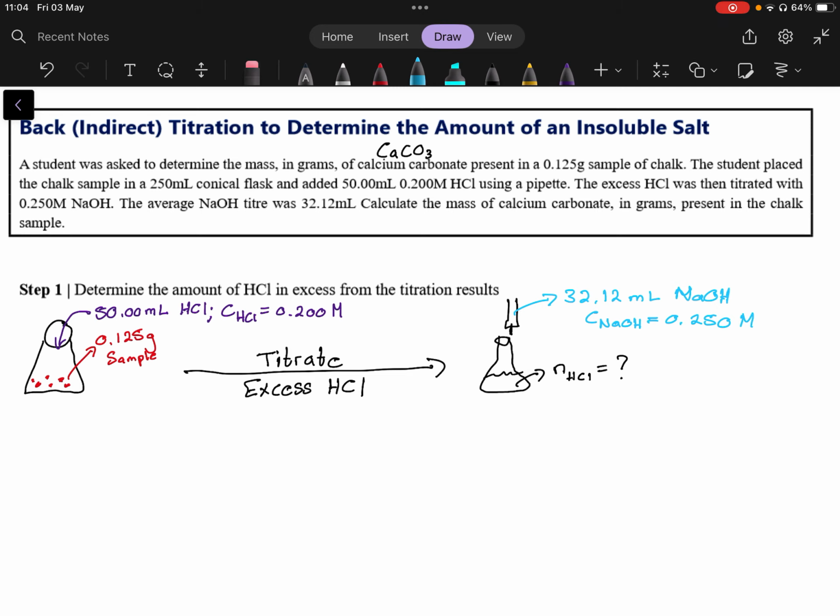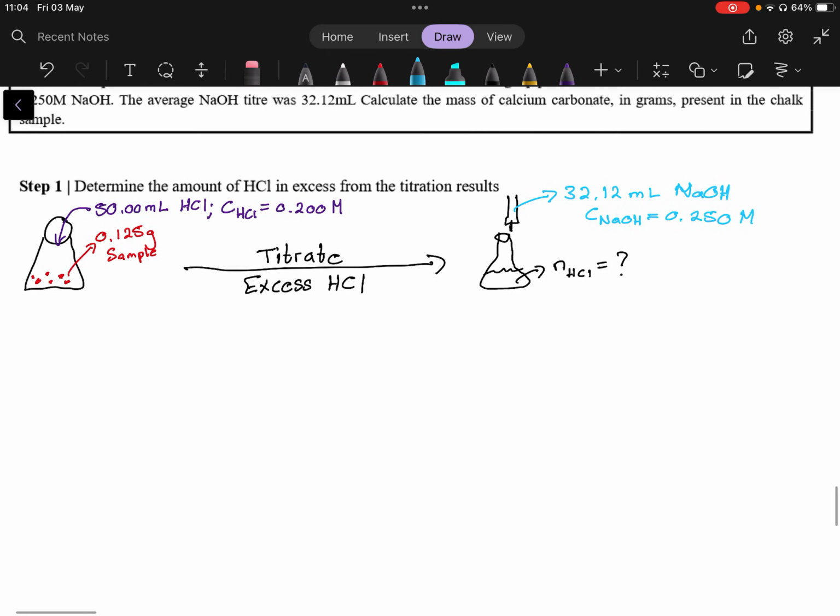Okay, so where do we start? We start from the right-hand side. So we're first looking at the titration. And during the titration, what do we determine? We determine the amount or the concentration of the analyte, in this case the hydrochloric acid. Then how do we do that? We need to relate the amount of sodium hydroxide to the amount of HCl.